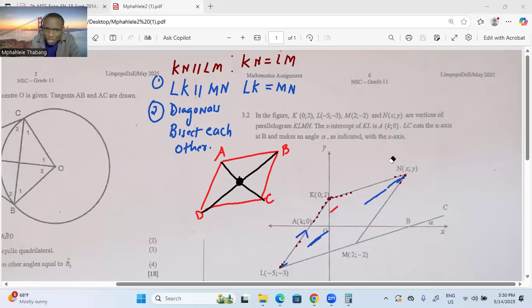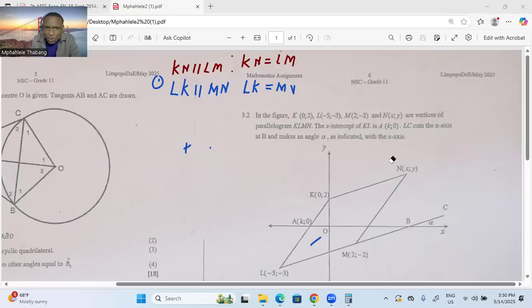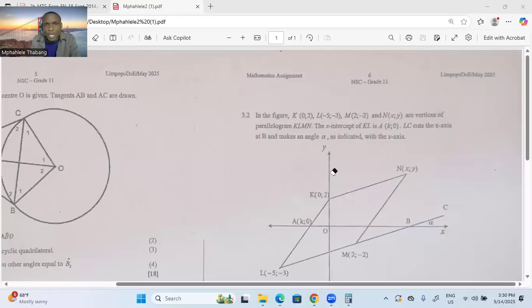So now let's continue with working on this question 3.2. For now we know a lot about a parallelogram. Diagonals bisect each other. Opposite sides are parallel and equal. And also the opposite angles of a parallelogram are equal.